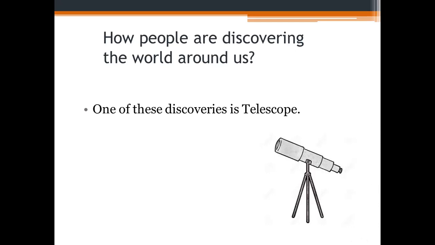Maybe sometimes you can see the surface of that planet or that star. Like if we see the moon with that telescope, we can see the surface of the moon through the lens of that telescope.